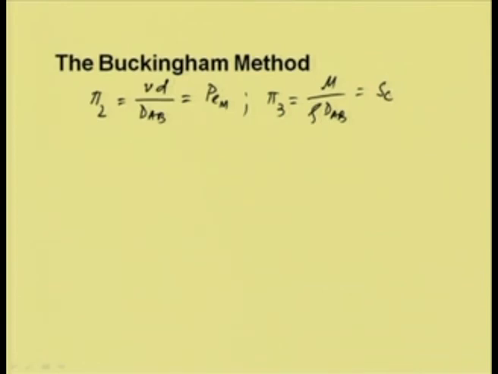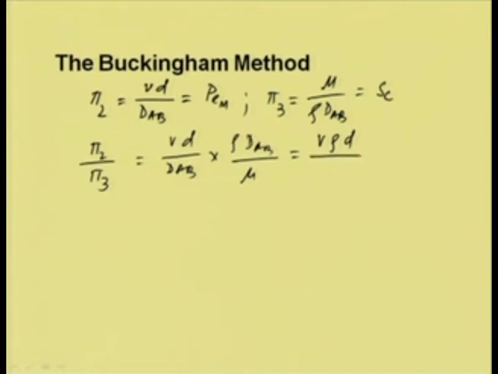Now, if we divide pi 2 by pi 3, it will give you V D by D A B into rho D A B by mu, which is V rho D by mu, known as Reynolds number.